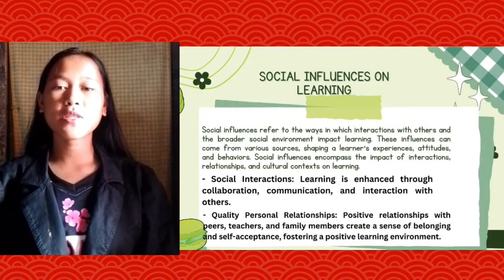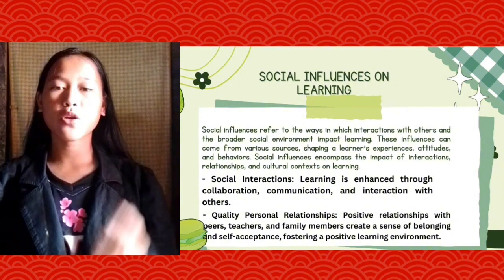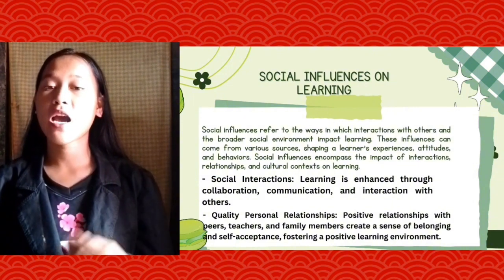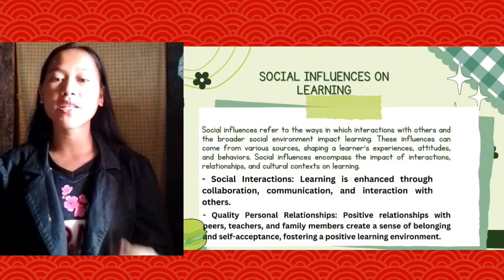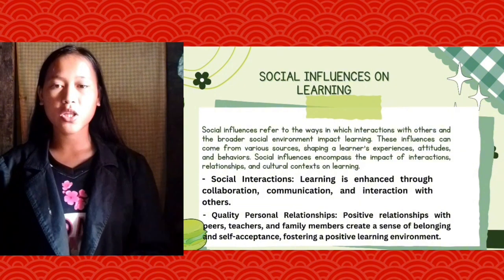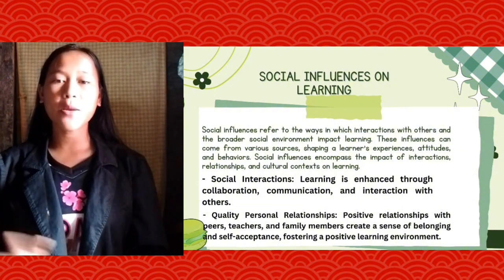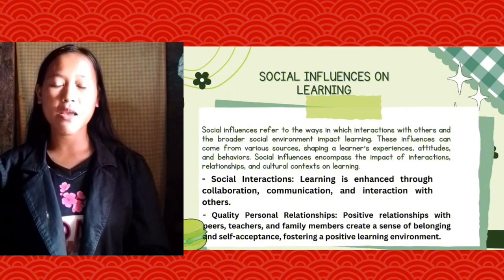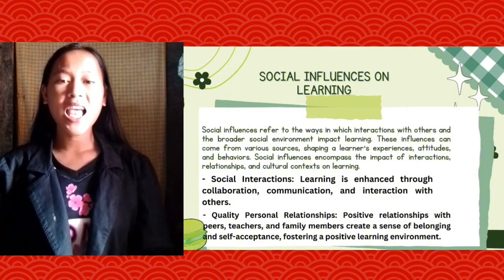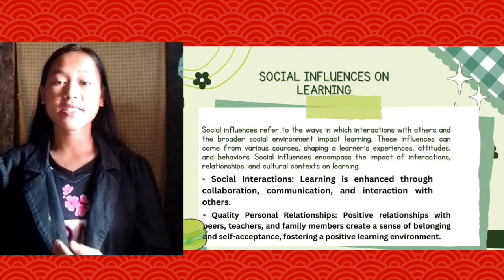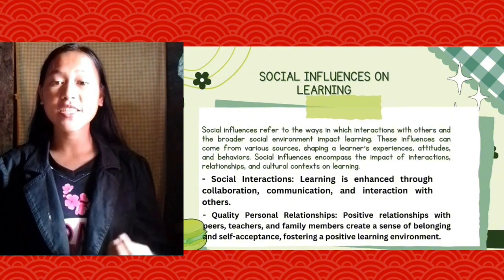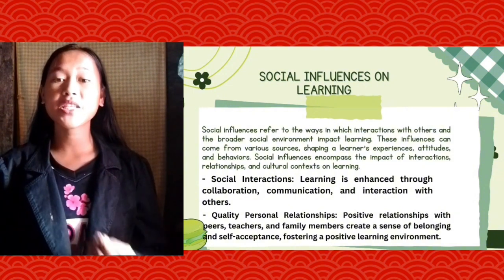So now, let's proceed to social influences on learning. Do you have any idea about this? Social influence on learning refers to the ways in which interaction with others and the broader social environment impact learning. These influences come from various sources, shaping learners' experiences, attitudes, and behaviors.